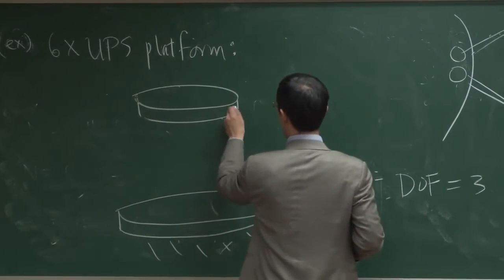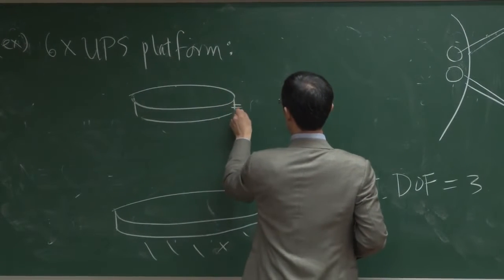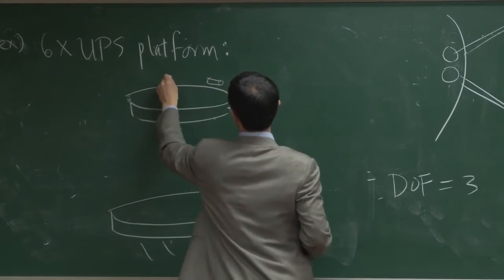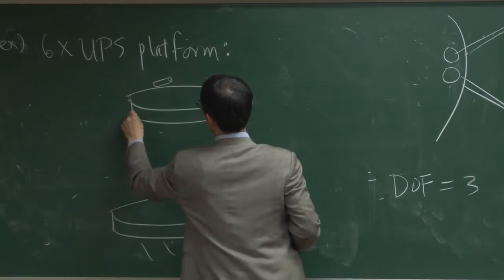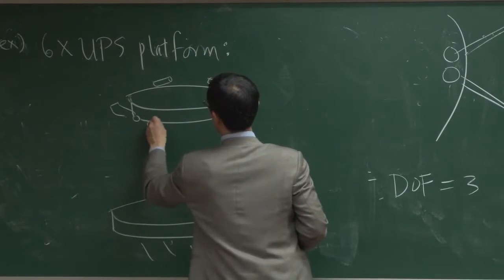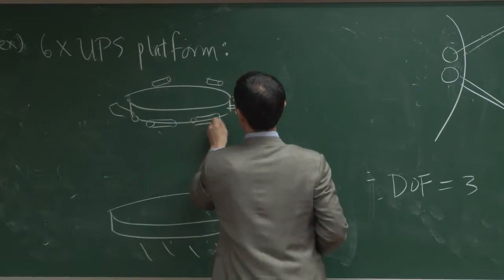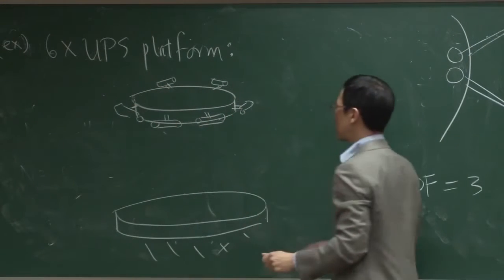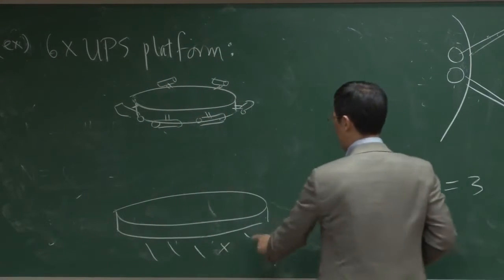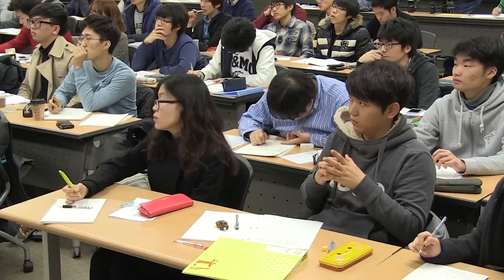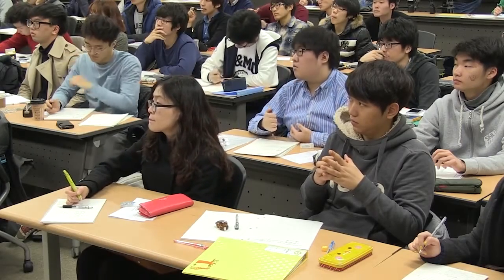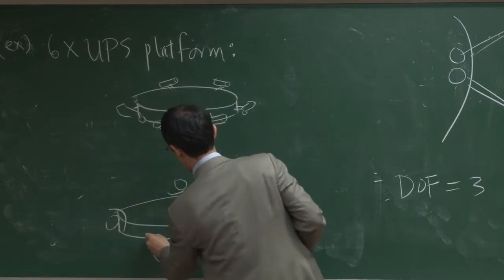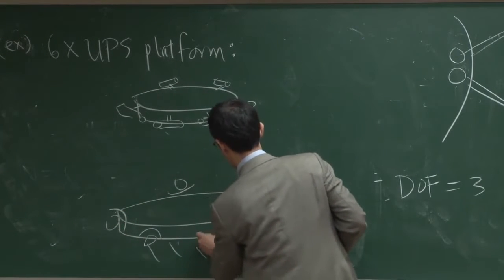So let's draw U-joints up here. 1, 2, 3, 4, 5, 6. So we have 6 U-joints. And at the base, we have 6 S-joints. 1, 2, 3, 4, 5, 6.